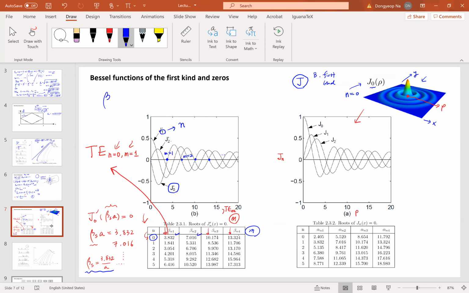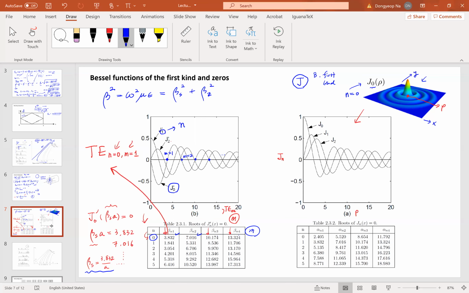Again, the dispersion of this mode was given by beta squared, the wave number, omega squared mu epsilon, equal to beta s squared plus beta z squared.